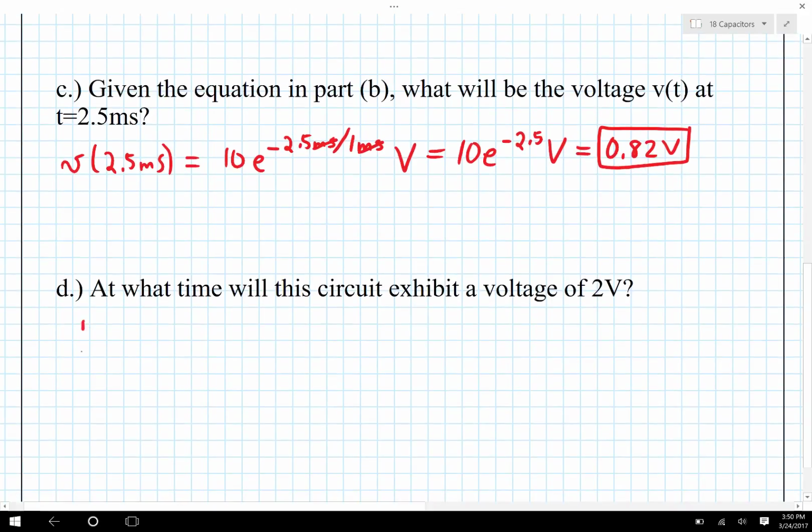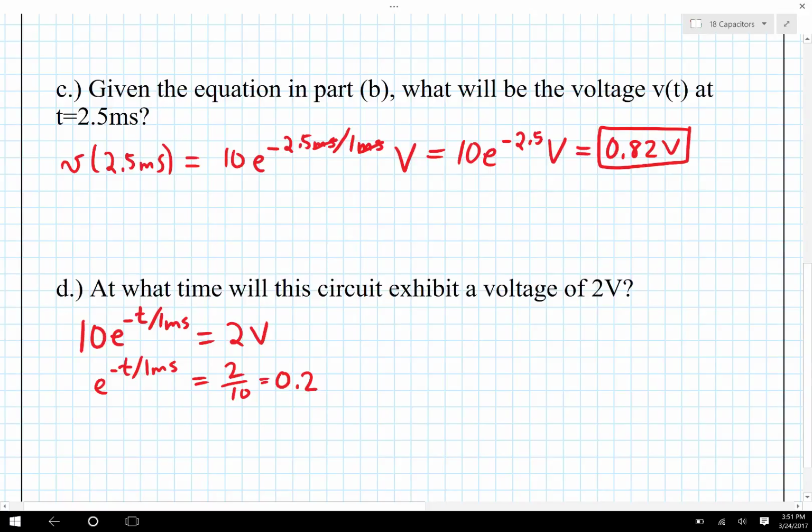So let's write our equation. 10 e to the minus t over 1 millisecond is equal to 2 volts. I can divide both sides by 10, so e to the minus t over 1 millisecond is equal to 2 divided by 10, which is 0.2.